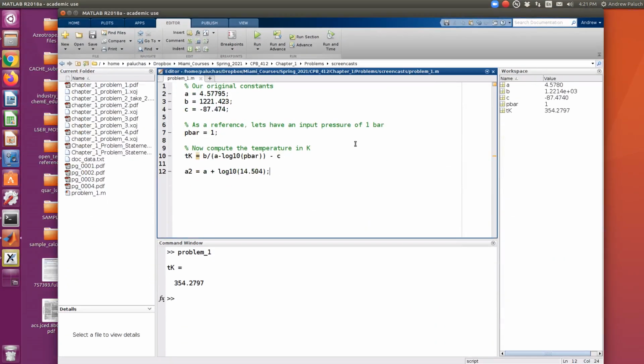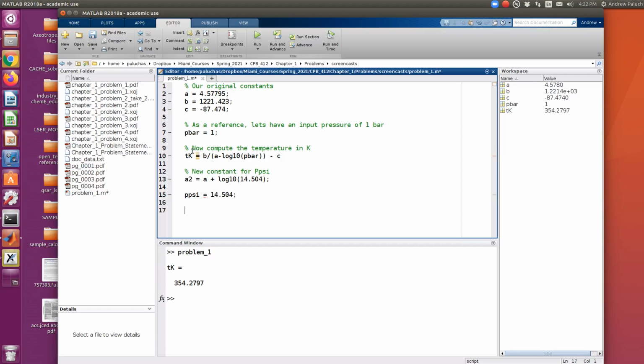So what I want to see then is, let me define a pressure in PSI. A pressure of 1 bar is 14.504 PSI.